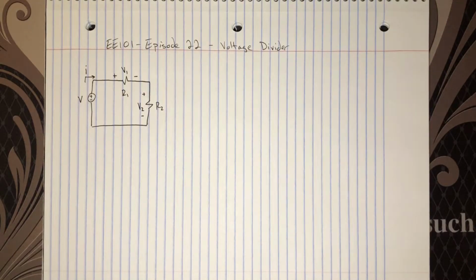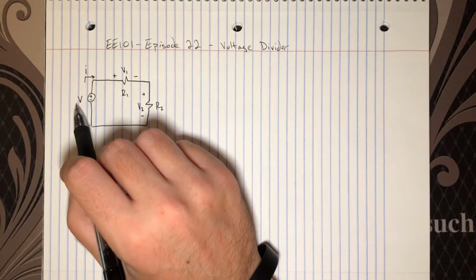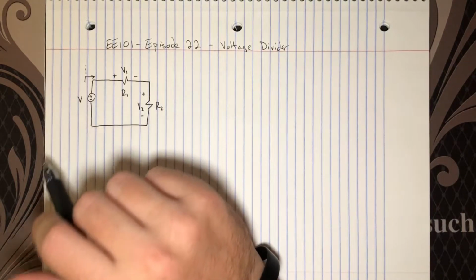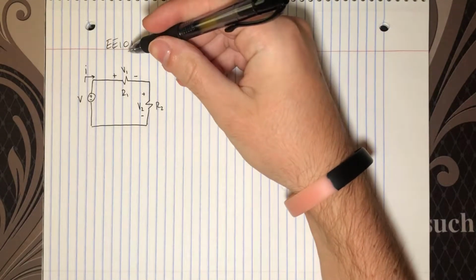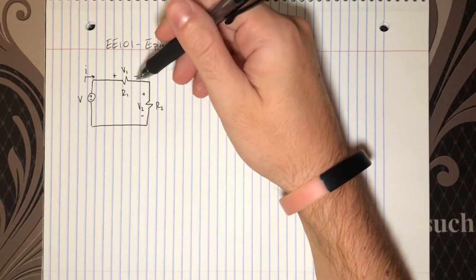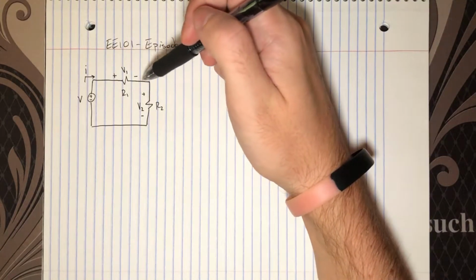Now, based on the techniques and principles that we've already talked about, we all know that if I gave you information about the source, whether it be the voltage or the current, you could do some circuit analysis and tell me what V2 is, or what V1 is. You could tell me the total current flowing through this circuit.